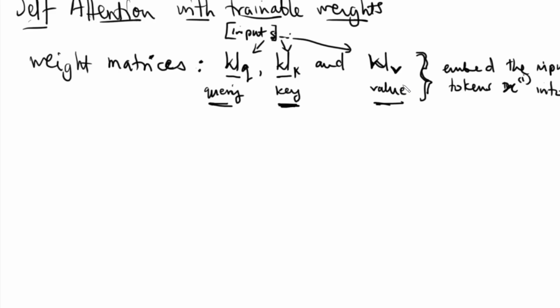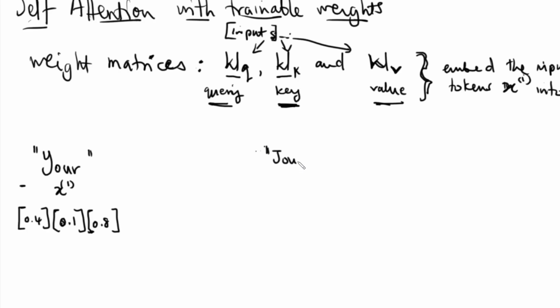So let's focus again on the second input. Let's now write our process. Here we have "your", which was our x1, and it had 0.4, 0.1, and 0.8. Those are the only three dimensions we are considering right now. And then here we'll have "journey", which we are focusing on.